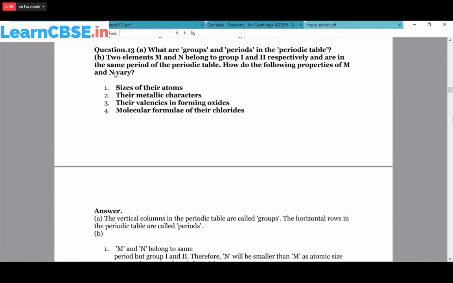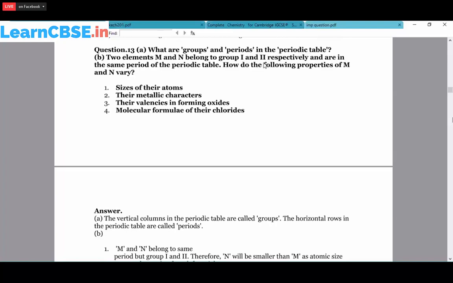Next one. Two elements M and N belong to group 1 and group 2 respectively and are in the same period of the periodic table. How do the following properties of M and N vary? M has one electron in the outermost shell and N has two electrons in the outermost shell.